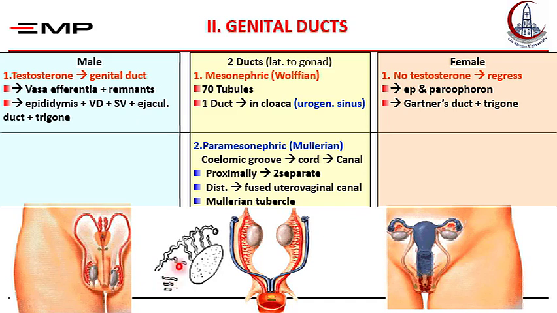Okay, how about the one duct, the mesonephric duct? Well, it will develop into the male duct system. It will form the epididymis, the body and tail of epididymis, all right? It will continue as the vas deferens, okay?